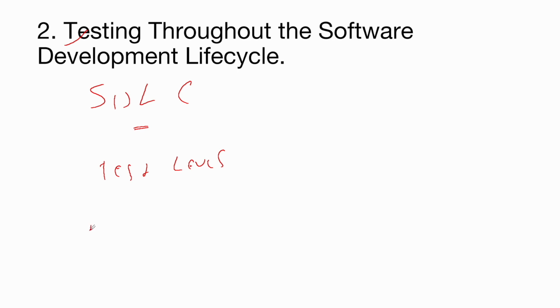And then maintenance testing, we need to understand what is maintenance testing. And the next chapter is static testing. In this, we will understand the basics of static testing, and we will also understand what is the review process.